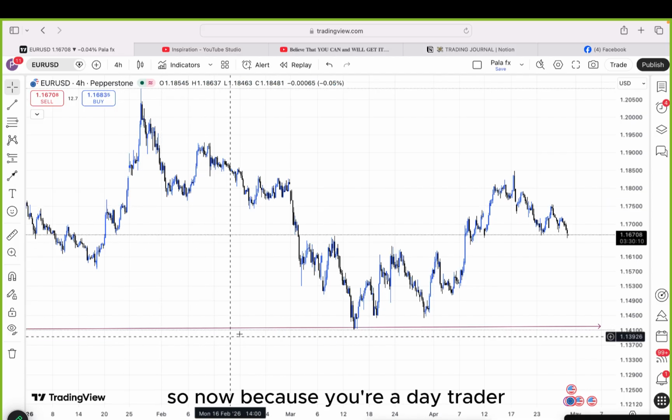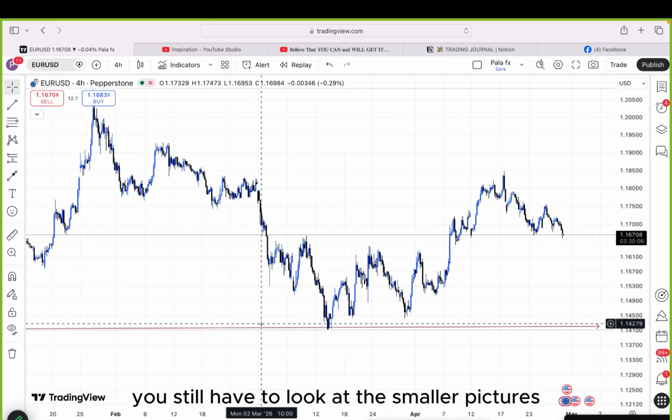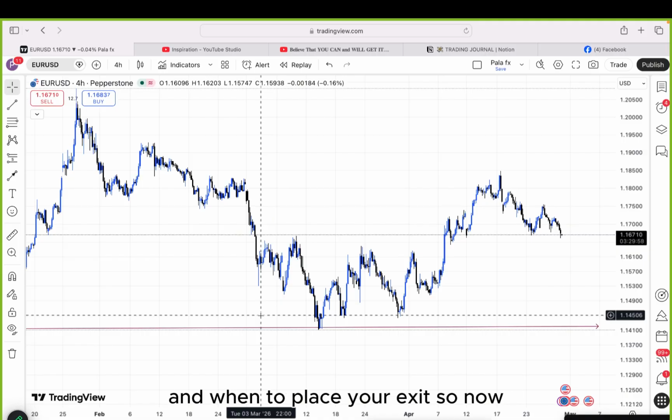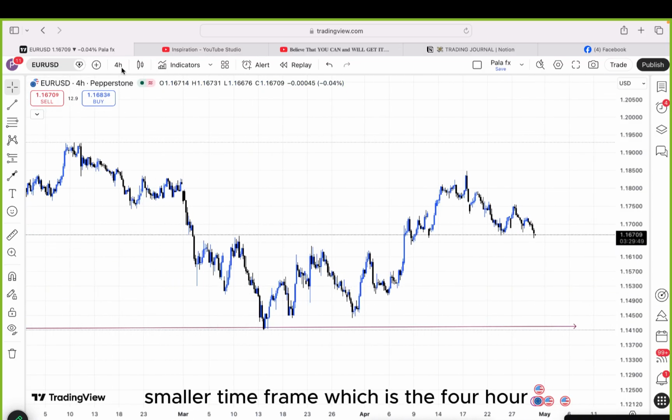Now, because you're a day trader, you still have to look at the smaller pictures to see what the market is going to do, to know when to place your entry and when to place your exit. So we've gone to the smaller time frame, which is the 4 hour.